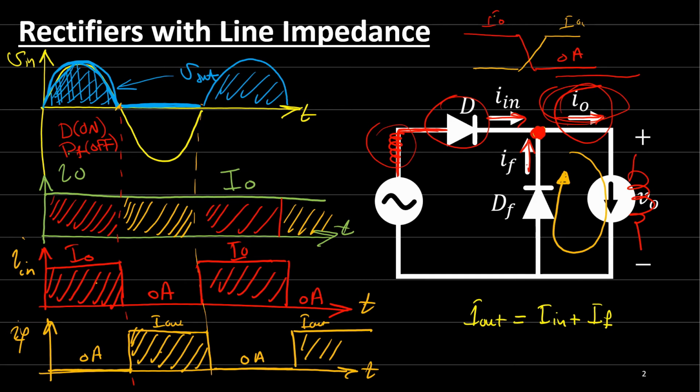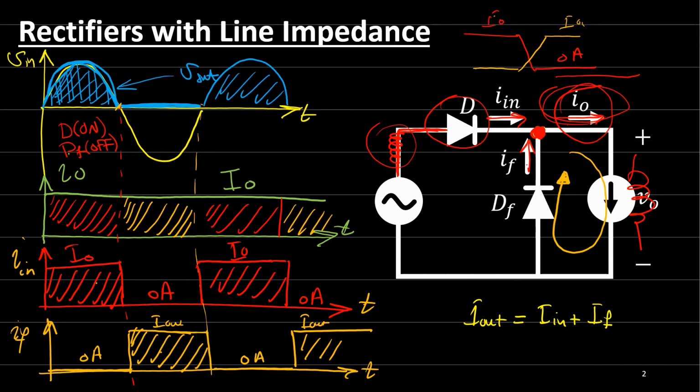Now, theoretically, we said this time is 0, but practically there is time because we have line impedance. As a result, the di by dt, the rate of change of the current, is significantly large at this moment.